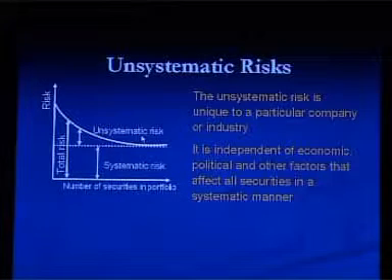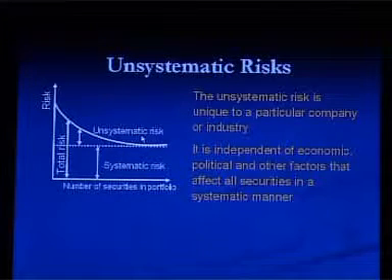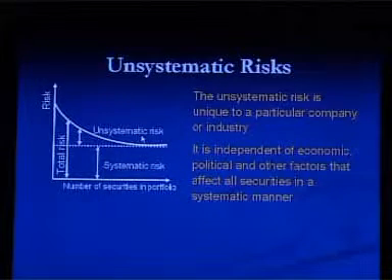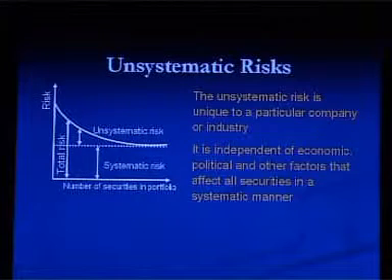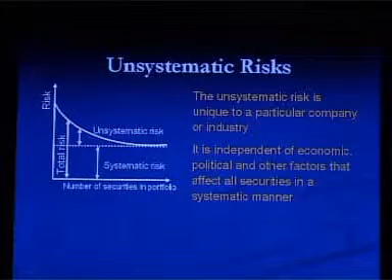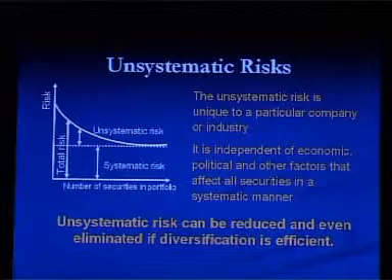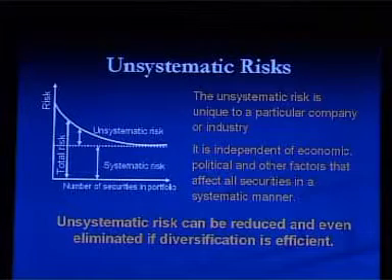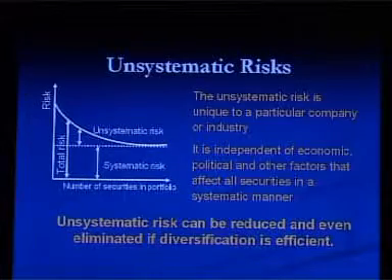It is independent of economic, political and other factors that affect all securities in a systematic manner. So, we can say that unsystematic risks can be reduced and even eliminated if diversification is efficient.